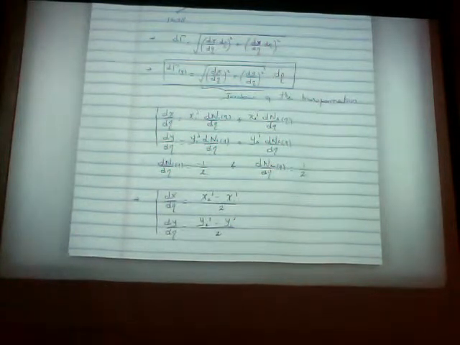All right? Again, that's because we're using linear shape functions for the elements.